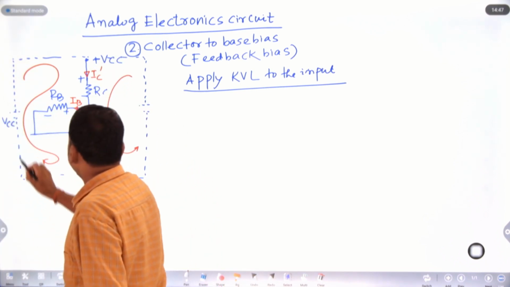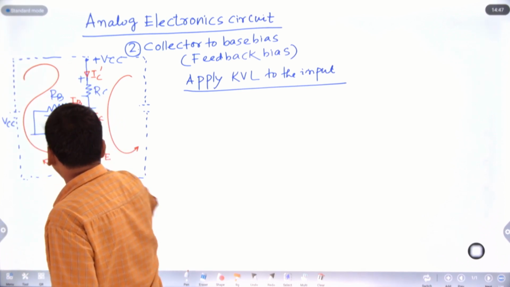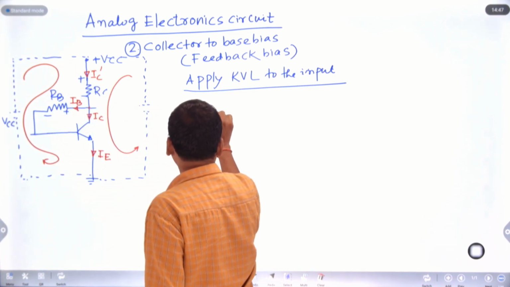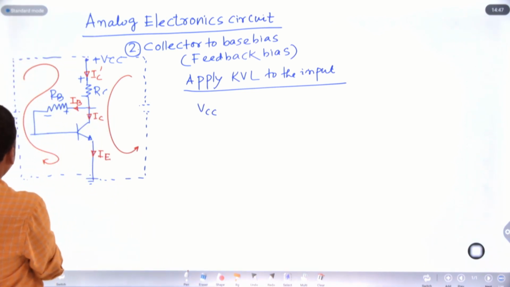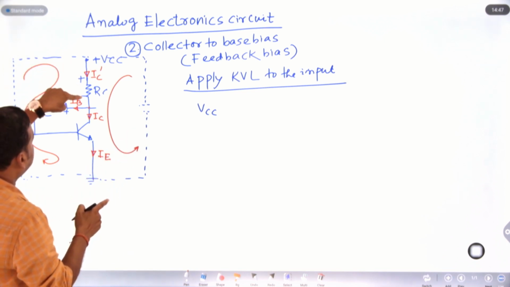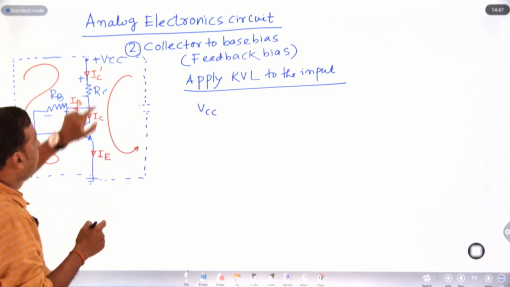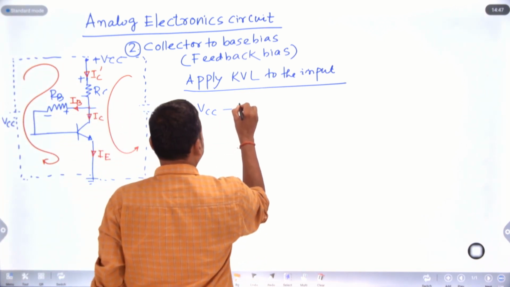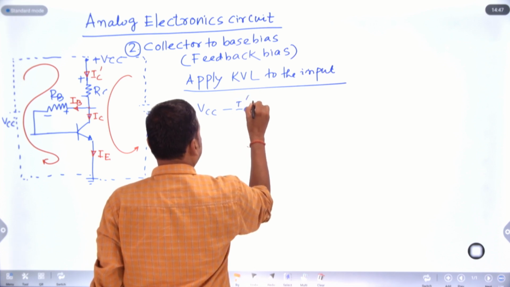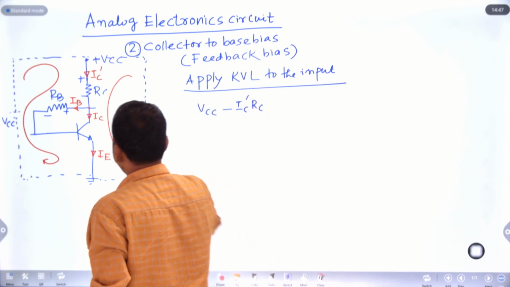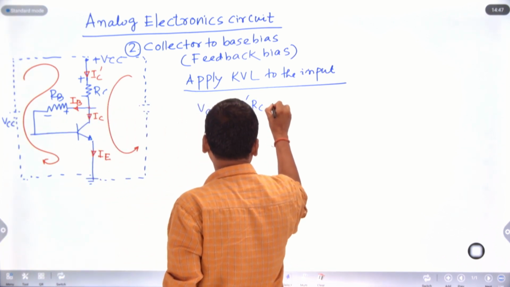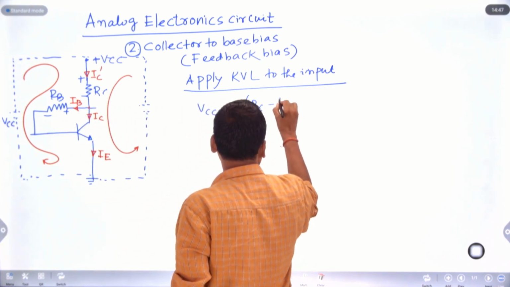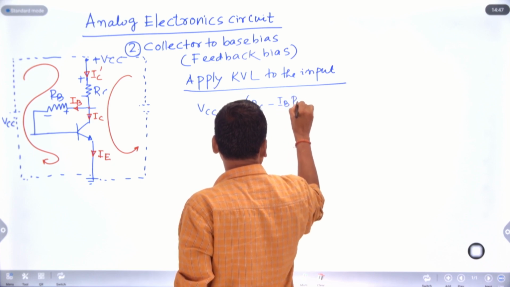The loop is like this. Minus, plus, plus, this is your plus VCC. I can write this as minus and plus VCC. Again plus to minus, minus: current into resistance, IC dash into RC, so minus IC dash RC. Then again this path, plus to minus, minus: that is IB into RB.